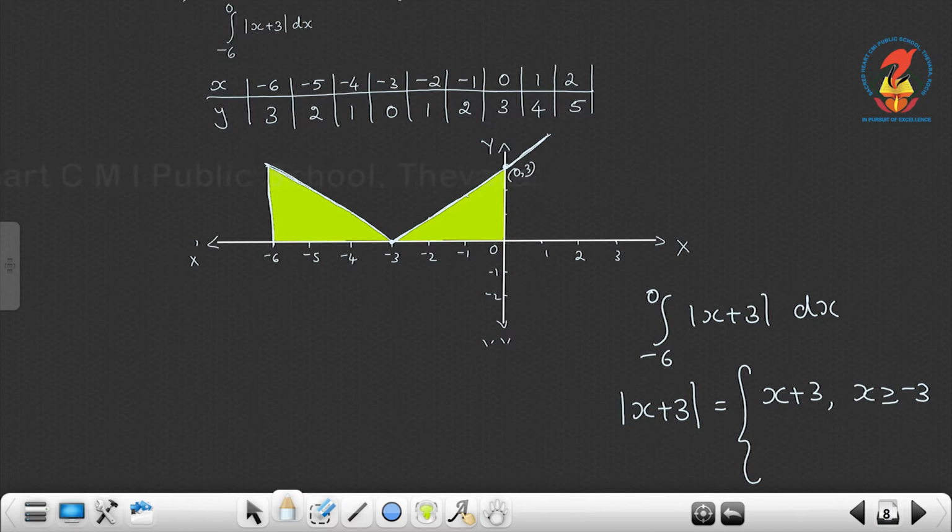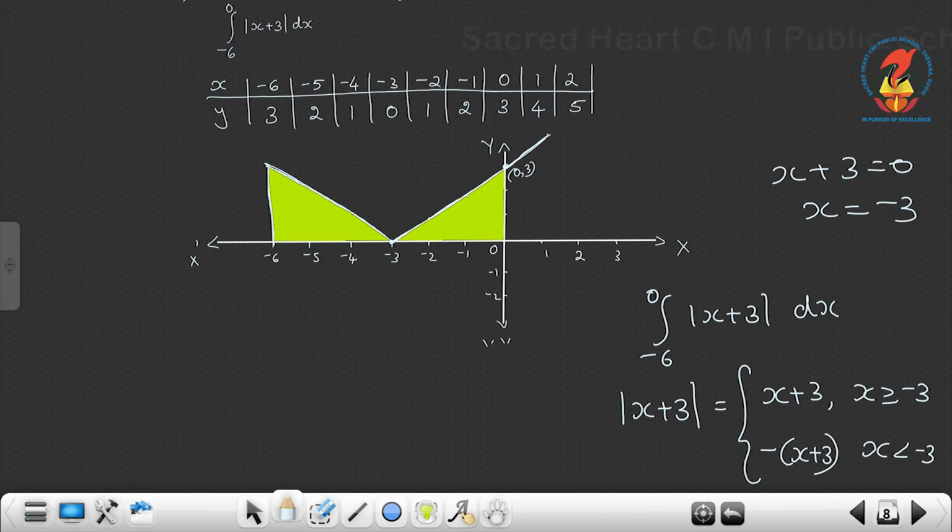How do we get this number? Put x plus 3 equal to 0, so x is equal to minus 3. So minus 3 and right side, mod x plus 3 is x plus 3 itself. And what about the negative side? Minus of x plus 3.